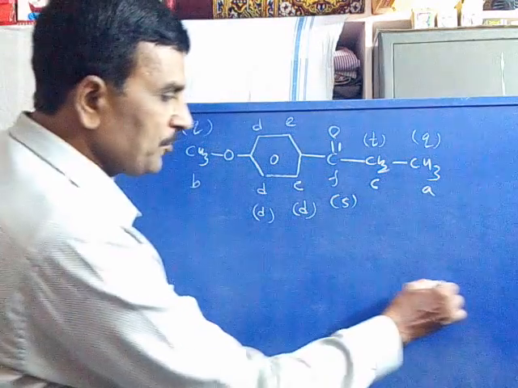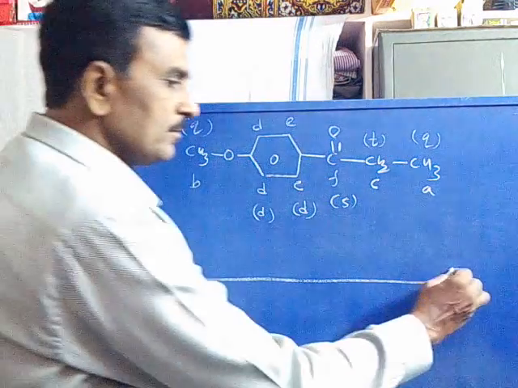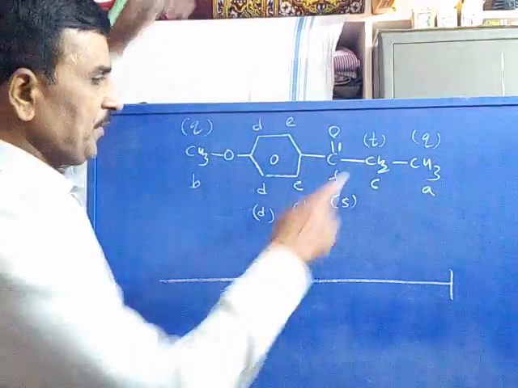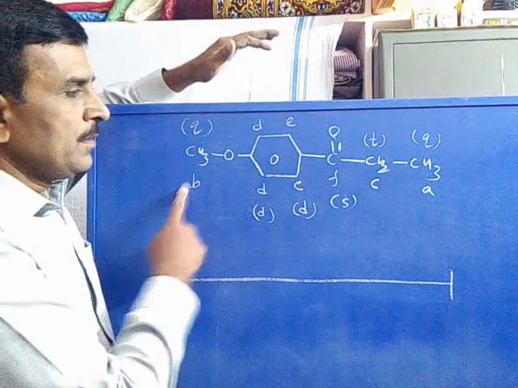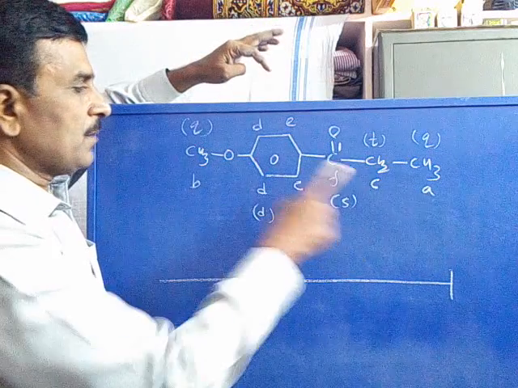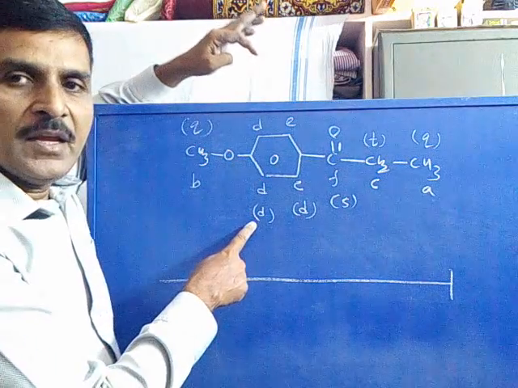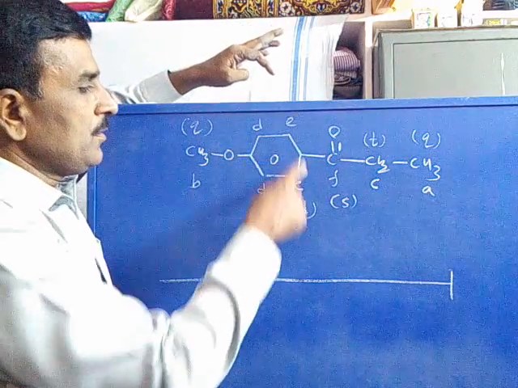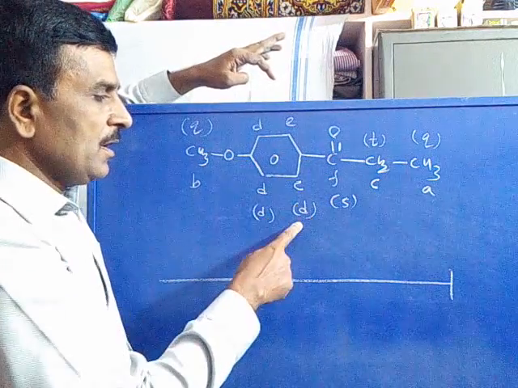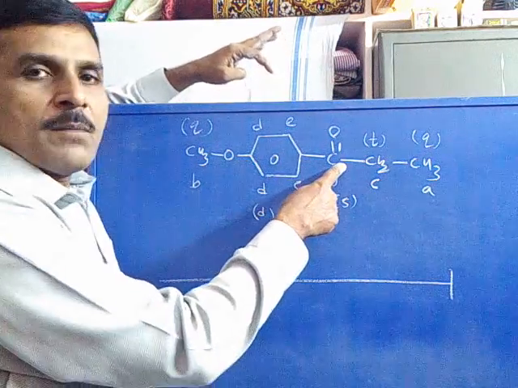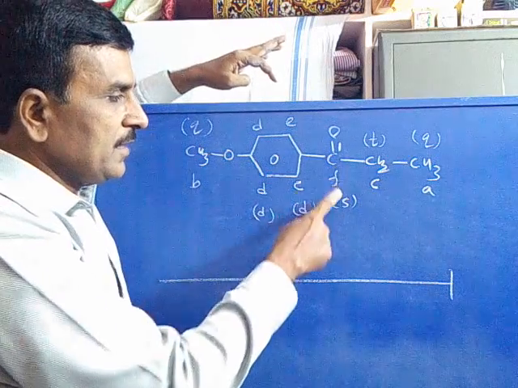Now it's the INEPT spectrum. Is it clear? A carbon, B carbon. This CH2 is the C carbon. Two ortho carbons are D carbon. Two meta carbons belong to E and are doublets. The carbonyl carbon is a singlet, that is F carbon.